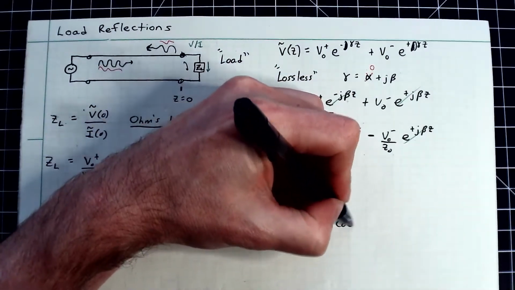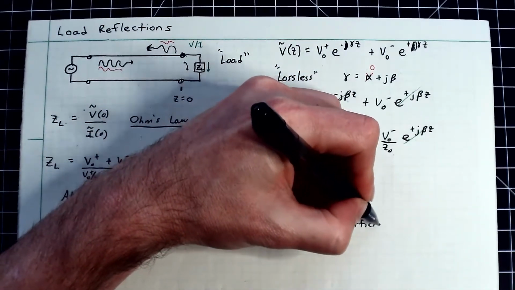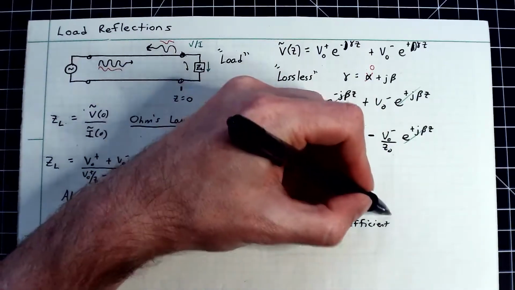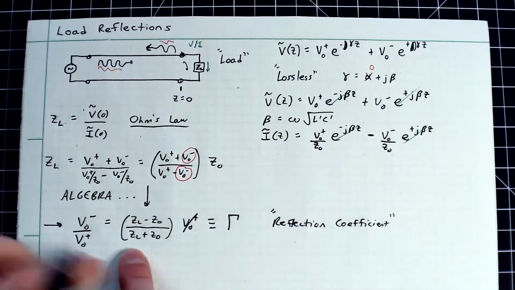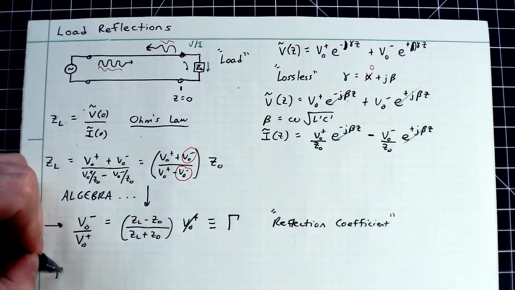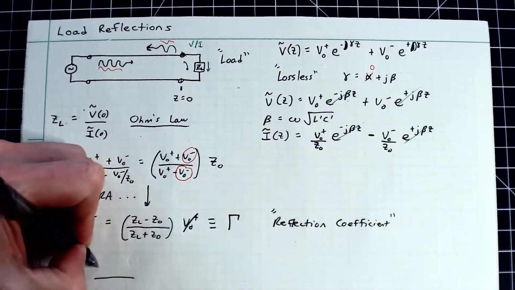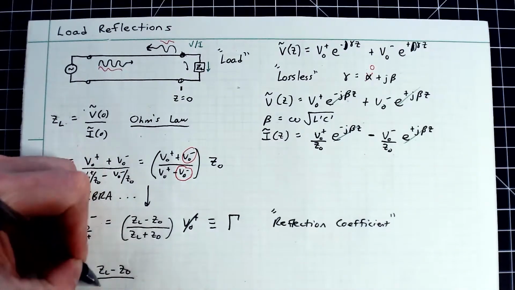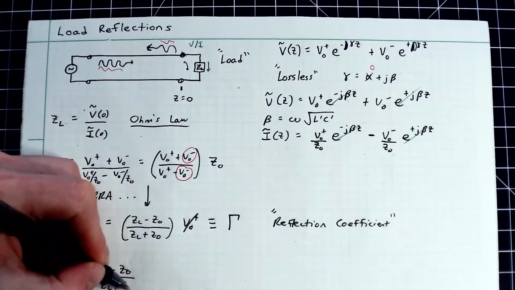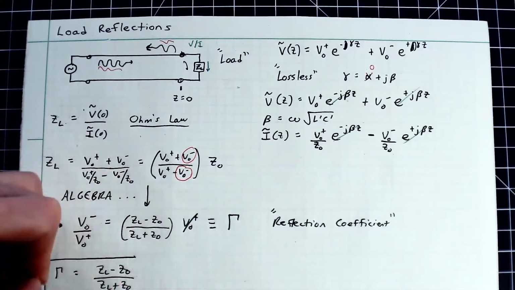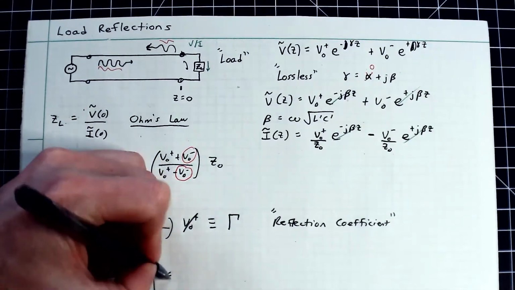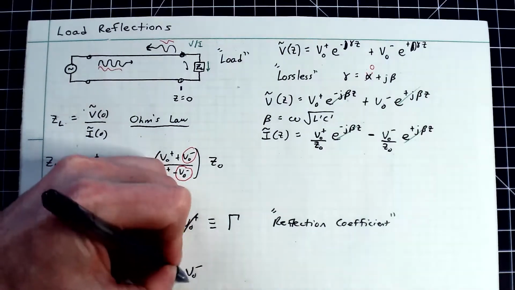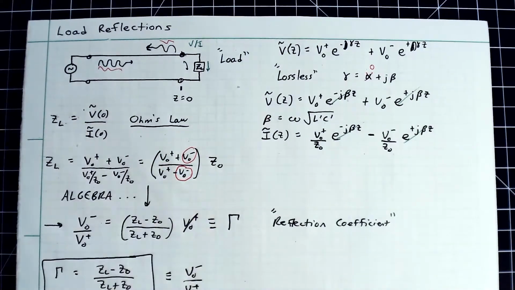This is a very, very important term. So let's write this out again: gamma equals (ZL minus Z naught) over (ZL plus Z naught), which is essentially, by definition, the reflected amplitude divided by my incident amplitude.